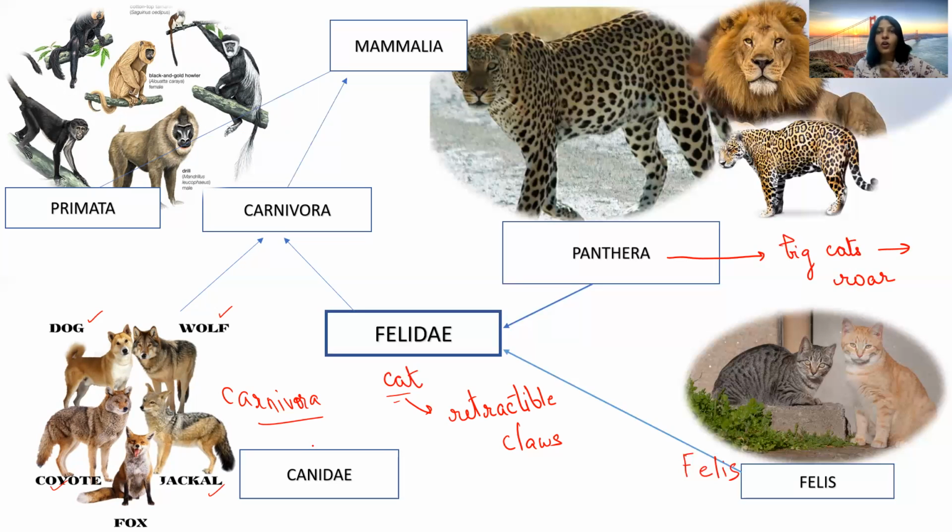So we can put all of these mammals and the apes, and then reptilia and fishes, that is pisces, and amphibia, all together into the same phylum of Vertebrata.